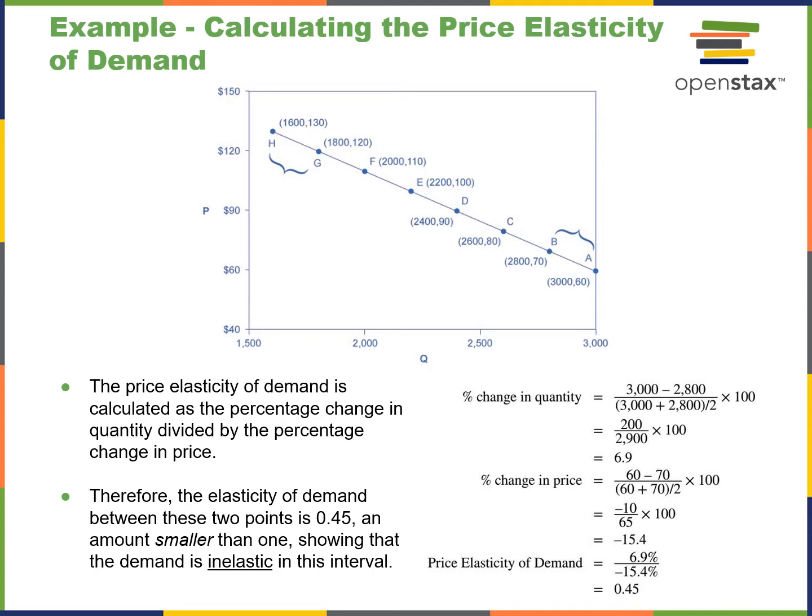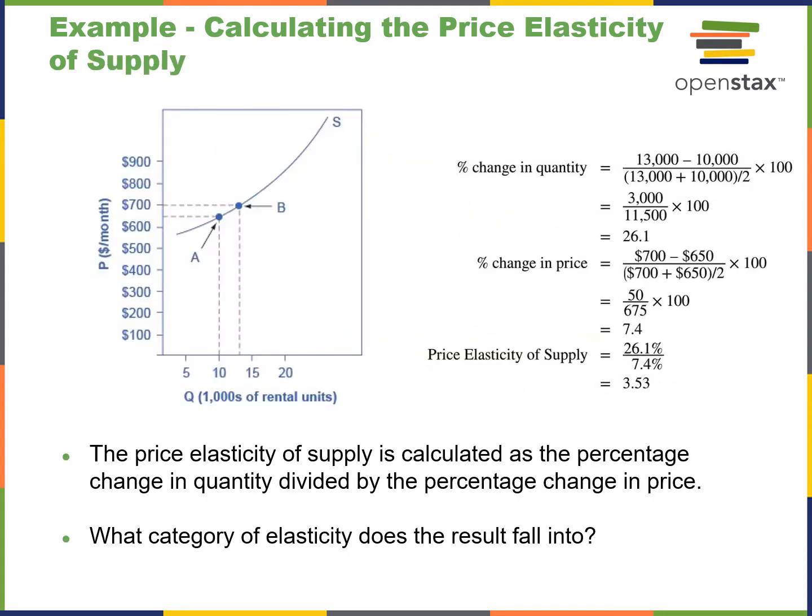This would be considered highly inelastic. In this particular example, for the elasticity of supply, they do the change in quantity and the change in price, and the change in quantity divided by the change in price is equal to 3.35. And so that would also be deemed highly elastic.